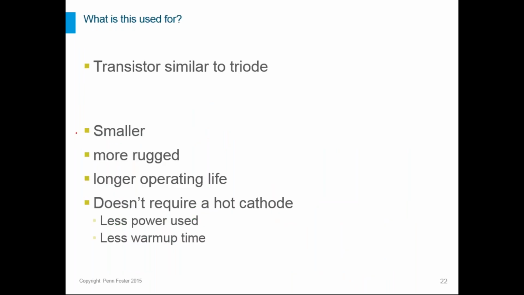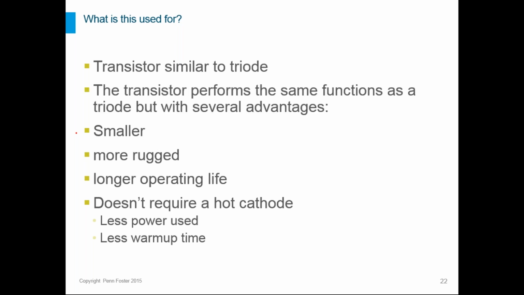The setup of a transistor with an emitter, a collector, and a base is kind of similar to a triode with a cathode, anode, and grid. The transistor performs the same functions as a triode, but with several advantages.